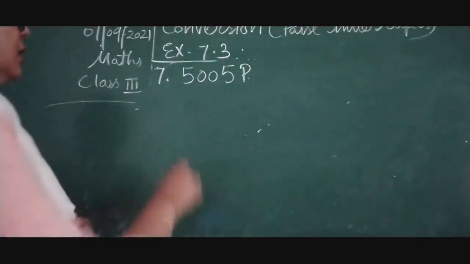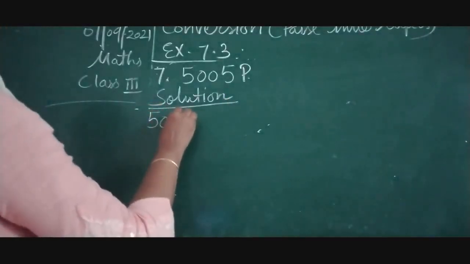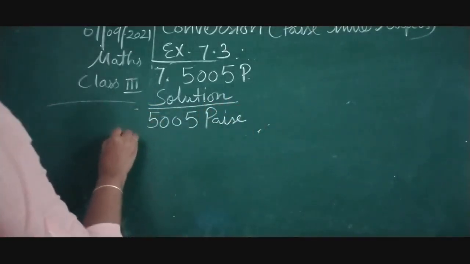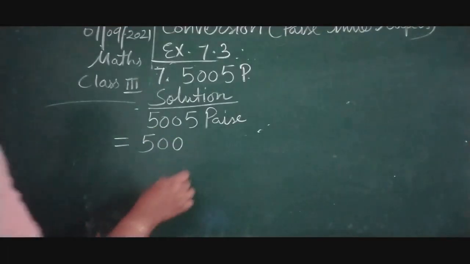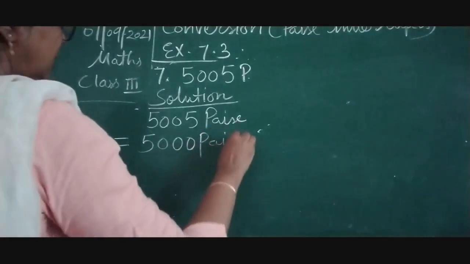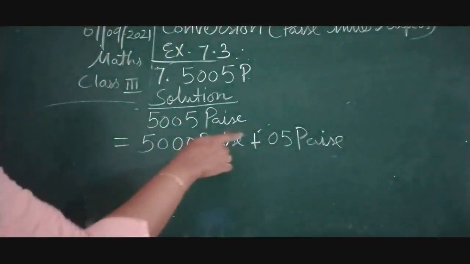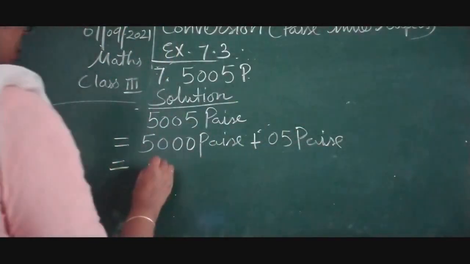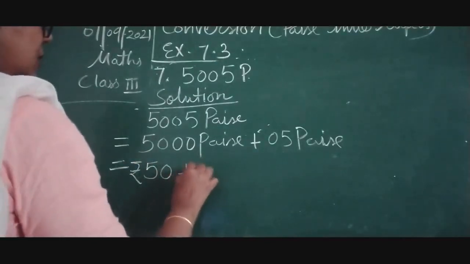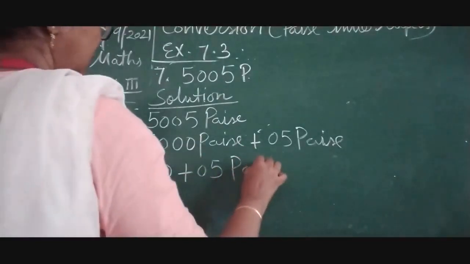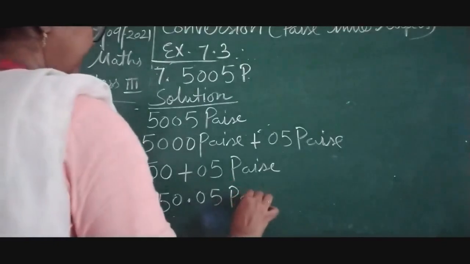Here you can see, children, we will write the solution. 5005 paise equal to 5000 पैसे प्लस 5 पैसे, ओके, इक्वल टू रुपीज़ 50 प्लस 5 पैसे, okay, so here rupees 50.05 paise.